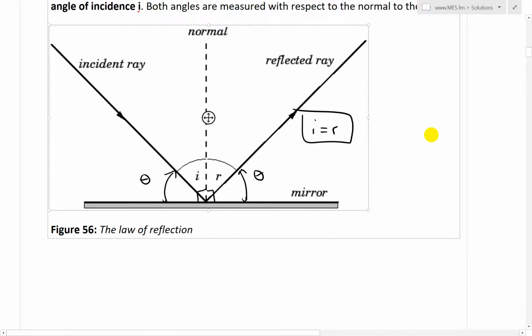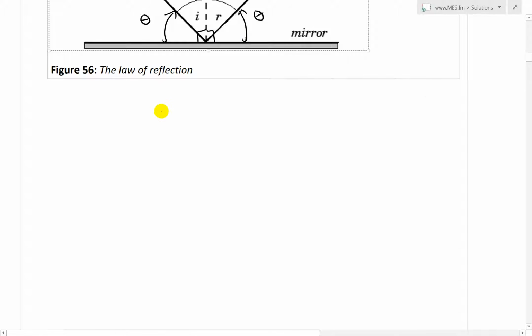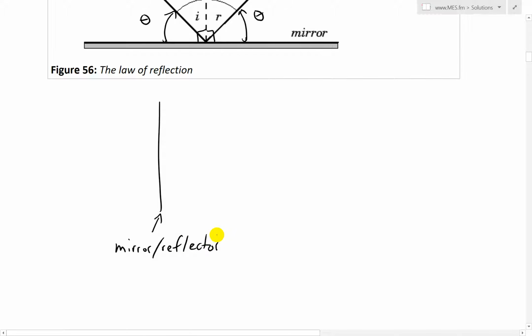We'll call that theta. Now let's consider, let's say we had a mirror or some other sort of reflector, and let's say you have a light or sound going perfectly horizontal. What happens is this bounces off at perfectly 90 degrees.